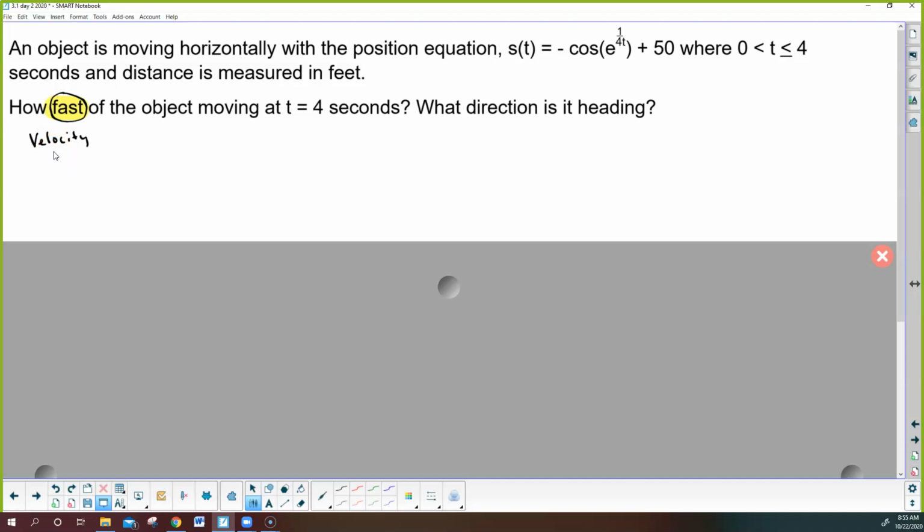All right, so what do we know about velocity? Velocity is the derivative of the position function. So I have to take the derivative of this function right here. Well, you may see the chain rule pop out here. I've got the outside function as negative cosine.